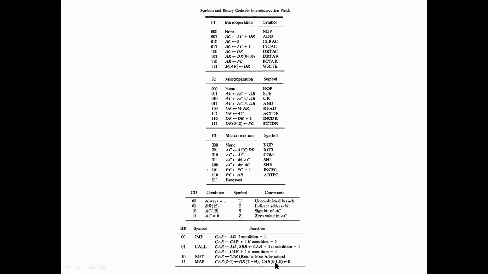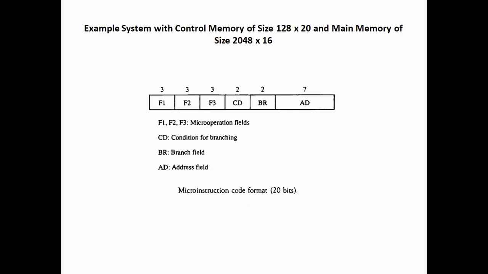The others will be set to 0 here. So these 5 tables represent what the binary values here mean, what they represent, and what they will do. If I have a microinstruction with certain bits, what will happen by these 3 bits, what will happen by these 3 bits, and so on. This is about microprogrammed control organization.